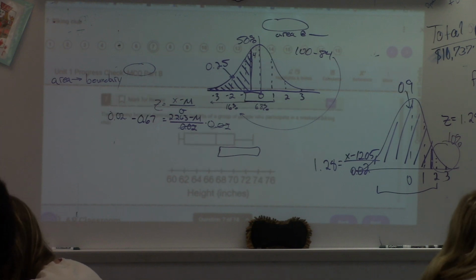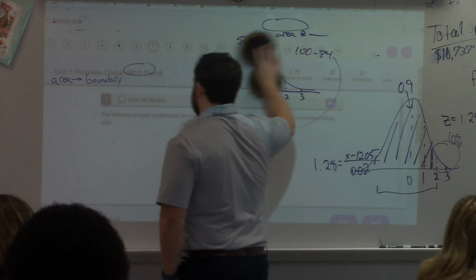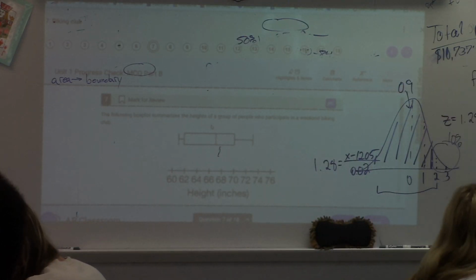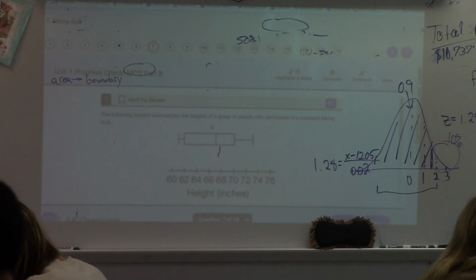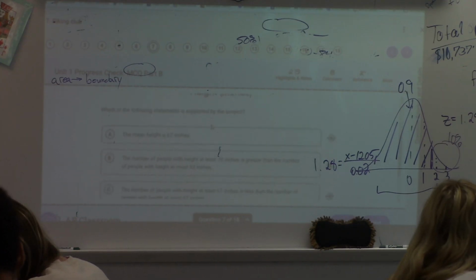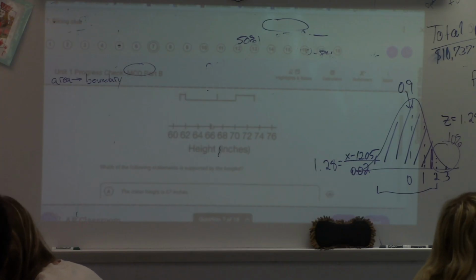This is not on today's DYU, but this is something that will be on your test. The following box plot summarizes the heights of a group of people who participate in a weekend biking. Okay, so we've got a box plot here. Which of the following statements is supported by the box plot? First things first, I know A can't be the answer. Why? Because it's not a mean. We got to recognize box plots.